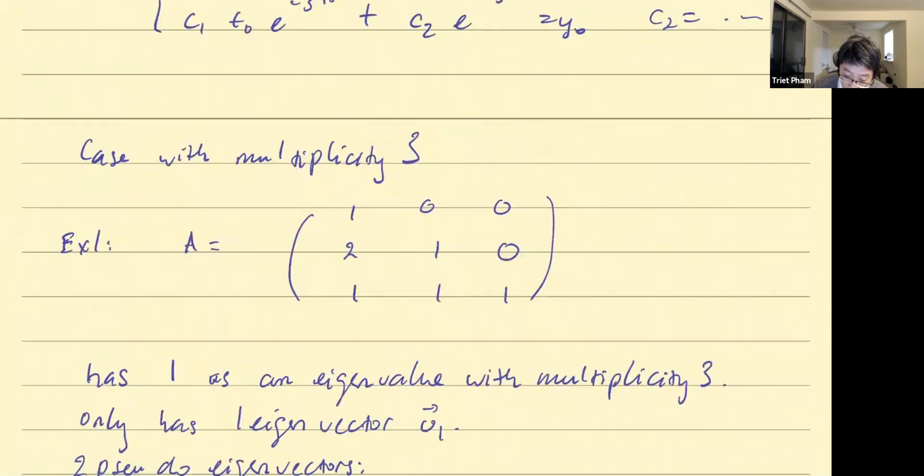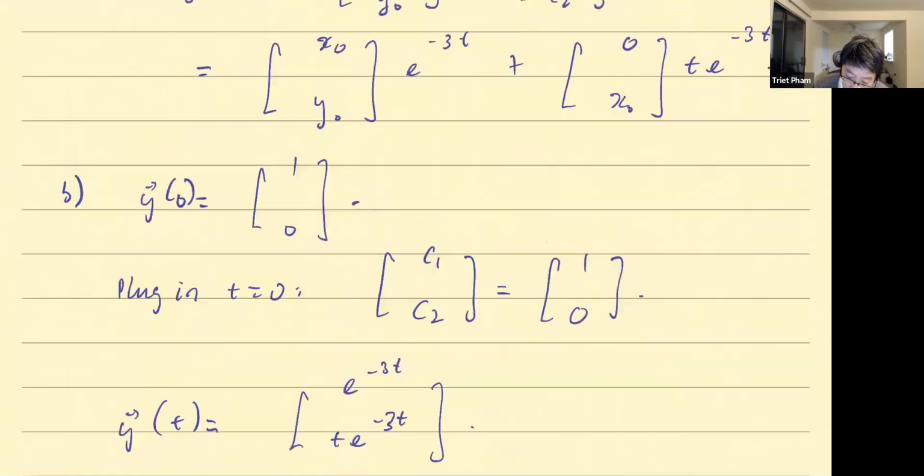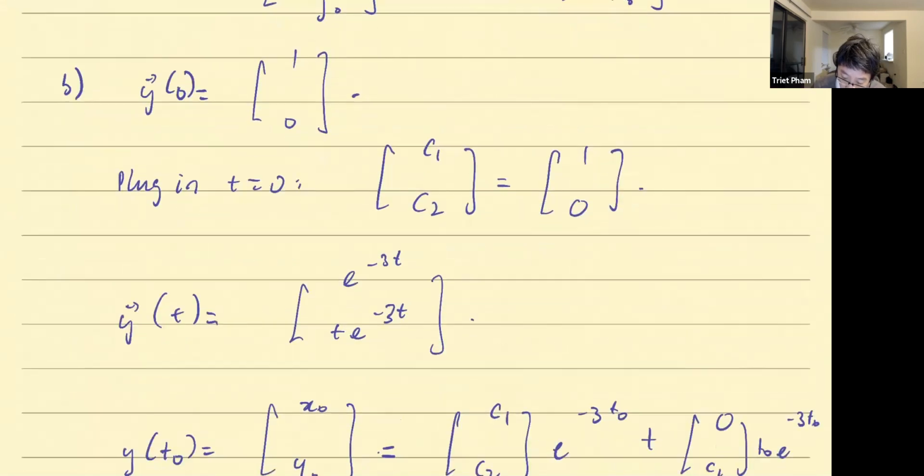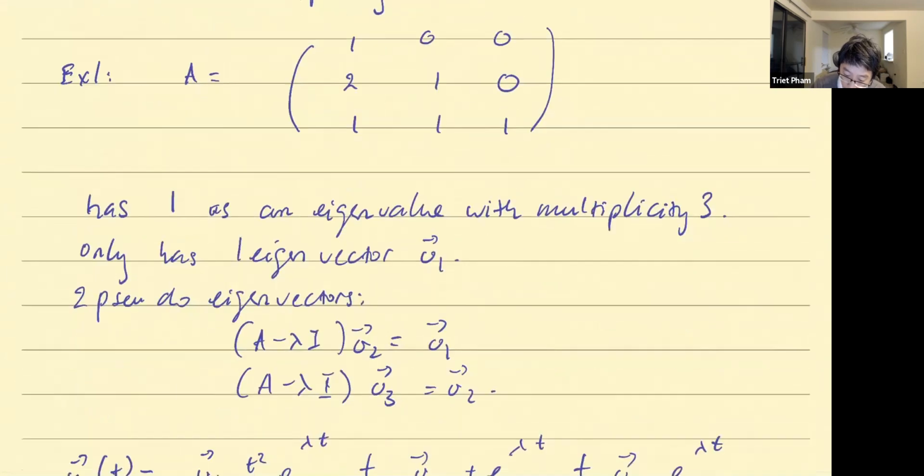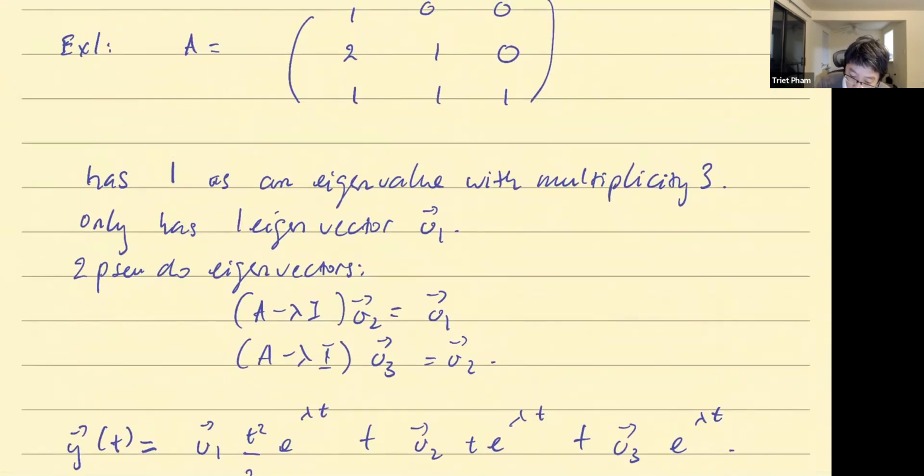And up above, sorry, in this example, we have an eigenspace with dimension 1. All right. Or you might have heard this is an eigenvalue with algebraic multiplicity 3, but with geometric multiplicity 1.